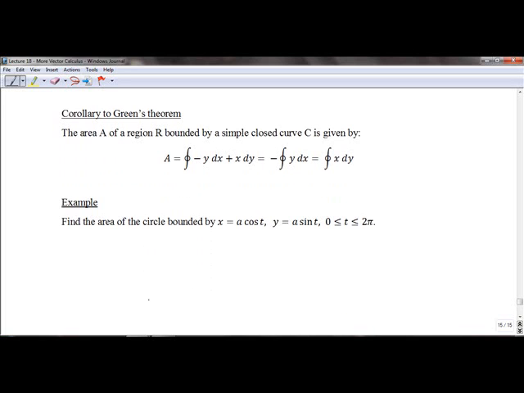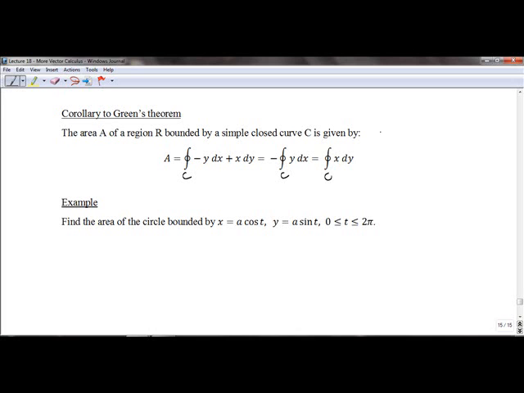So the area, I'll put your little C's below here, can be either of these. You can use either of them. Okay? Alright, so today I'm going to use the last formula. I'm going to use the line integral over C of x dy. Any one would work.